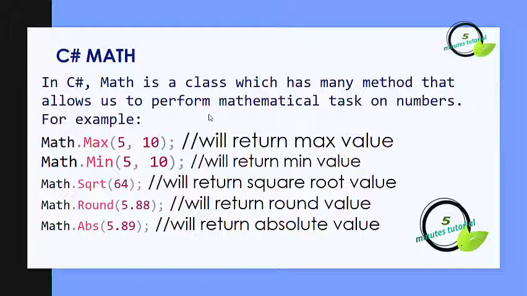There are some math methods like Max, where we can find the maximum value from two numbers, Min, where we can return the minimum value from two numbers, Sqrt, where we can find the square root value of any number, Round, where we can round any number figure, and Abs, which returns the absolute value. So I will show the implementation in our program.